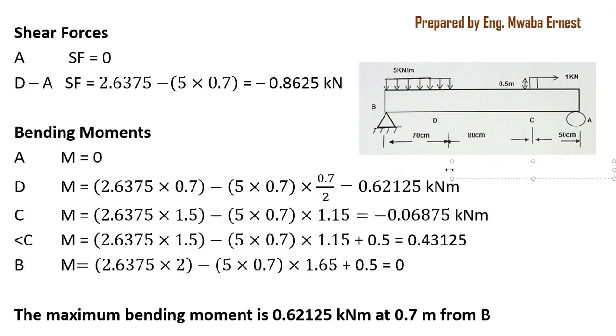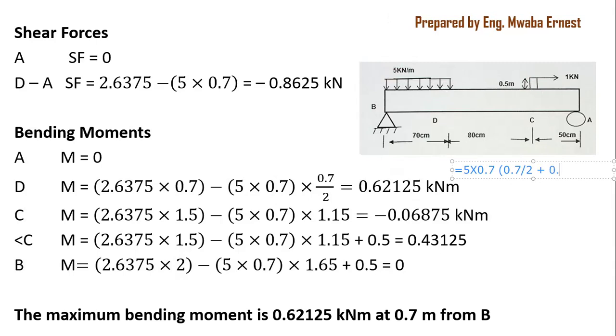So you say this is equal to, you have our moment, which is 5 times 0.7, then multiplied by half of this, which is 0.35, or we can say 0.7 over 2, plus this distance now, which is 0.8.